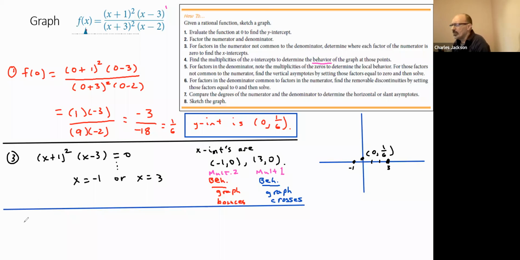Okay, so the way we get that is, number 5, we set the denominator equal to 0 and solve to get vertical asymptotes.